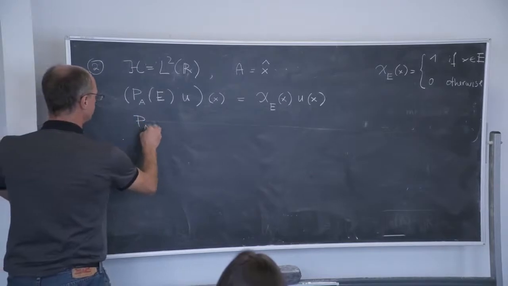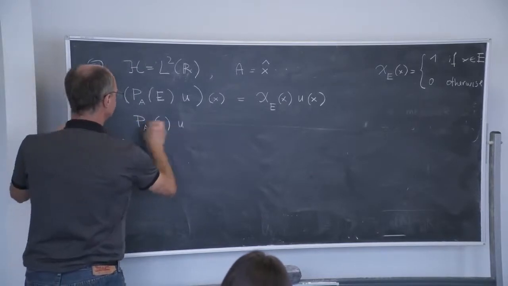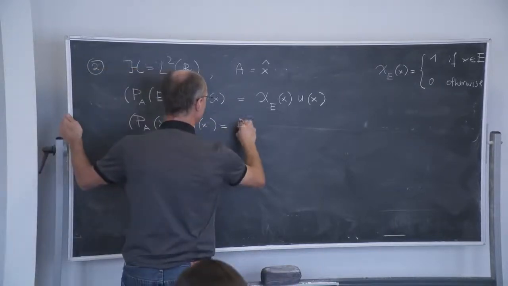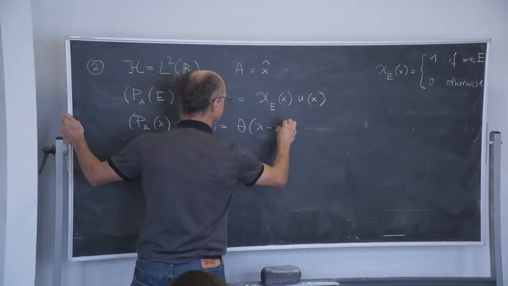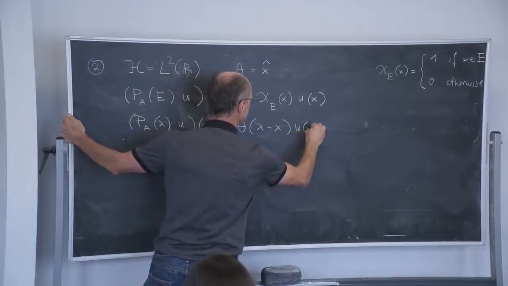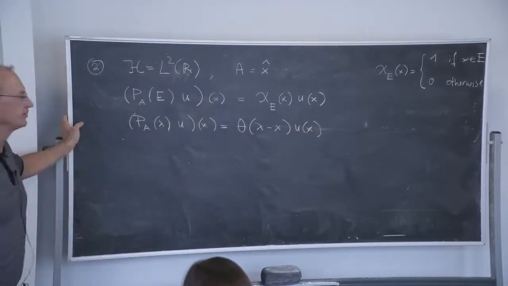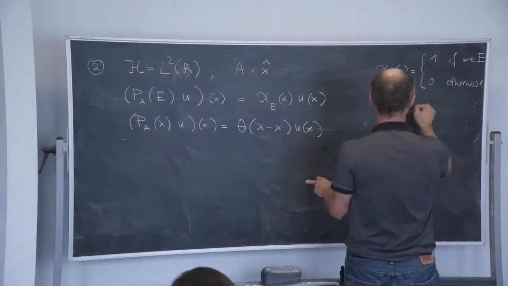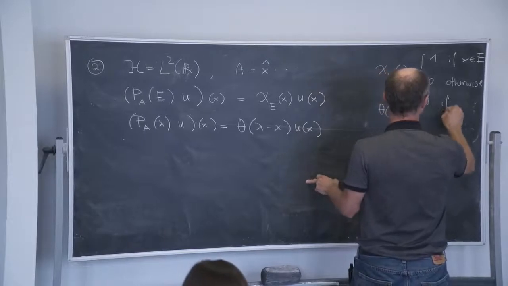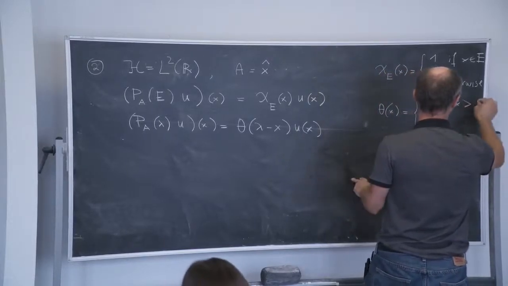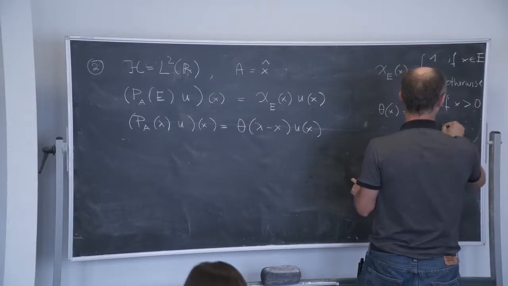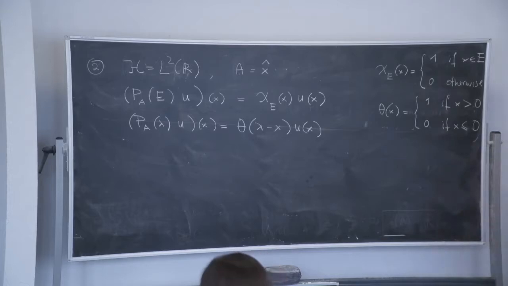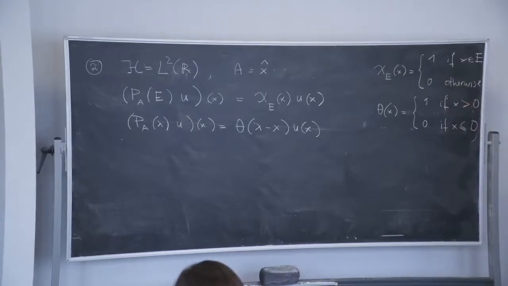In particular, P_A of lambda will be a step function, right? So the step function of x is 1 if x is greater than 0 and 0 if x is smaller or equal to 0. Say at 0 doesn't matter so much.